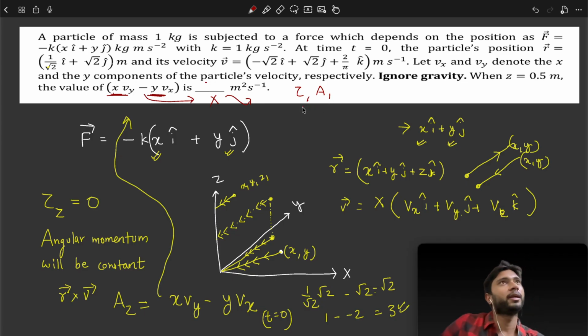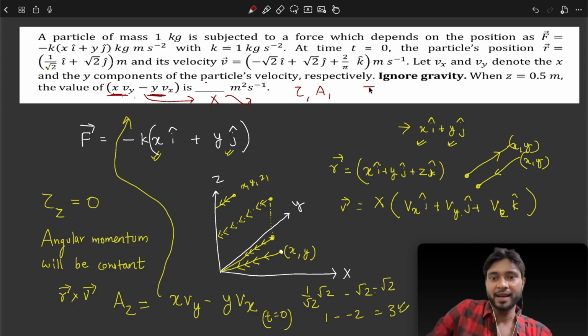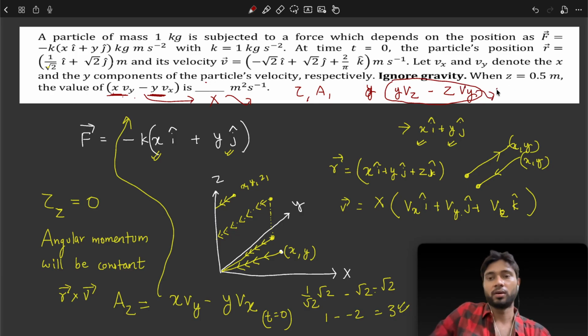So this is a kind of hint that we could have thought about angular momentum, and particularly in the z direction. Similarly, the angular momentum in x direction is vy z minus z vy. If this was the parameter, we could have thought, is there any torque in the x direction, or which should remain constant, or something like that.